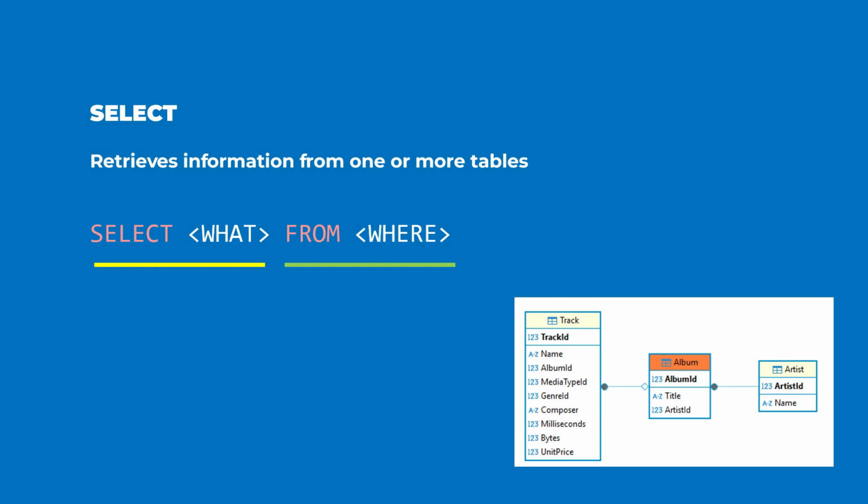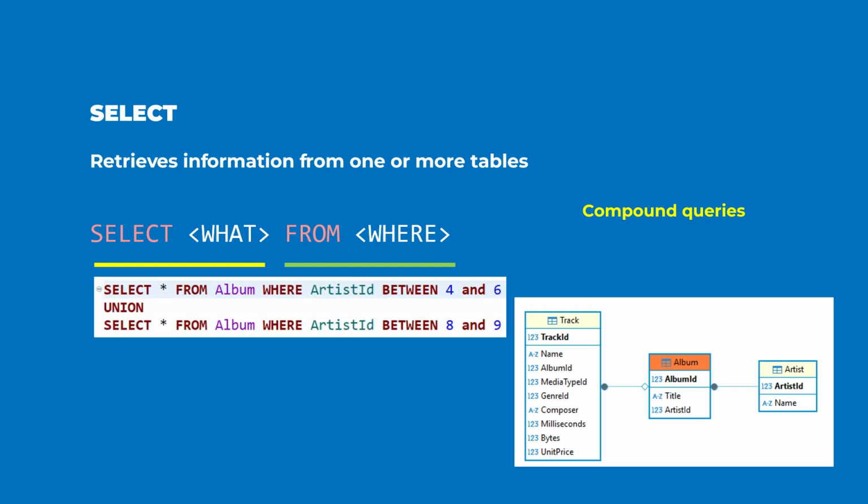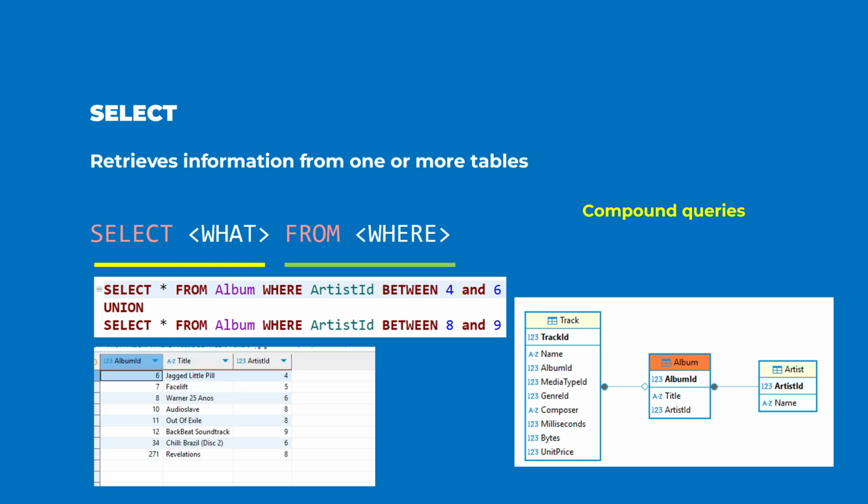These combined queries are usually known as compound queries. For example, here we combine two select statements using the union keyword. Union instructs to execute both select statements and combine the output into a single query result set, which we can see in the result table: artist ID only contains numbers between 4 and 6 and between 8 and 9.